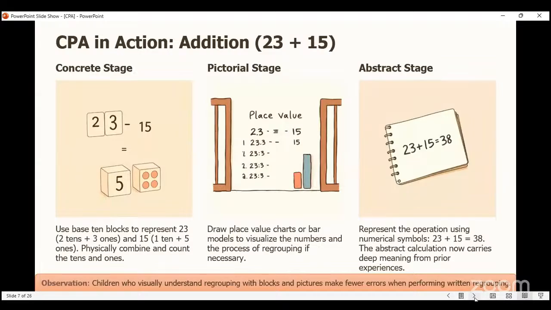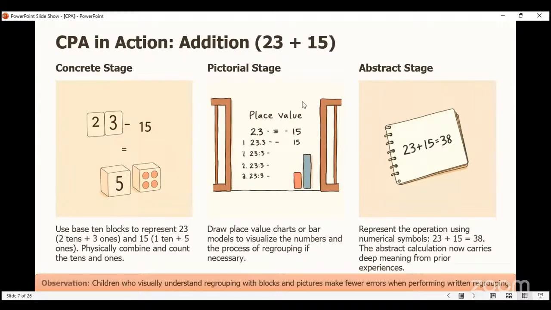CPA in action. Let's consider this example: addition, 23 plus 15. Looking at the concrete stage, you can see 23 over here. At the concrete stage, we see the use of blocks.